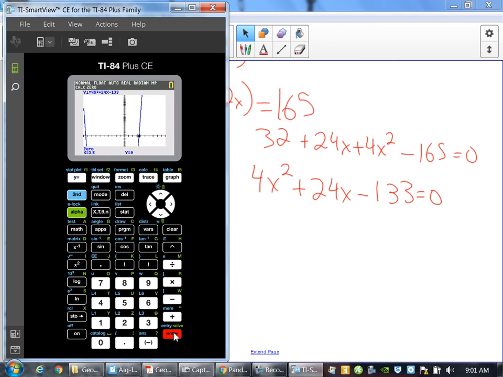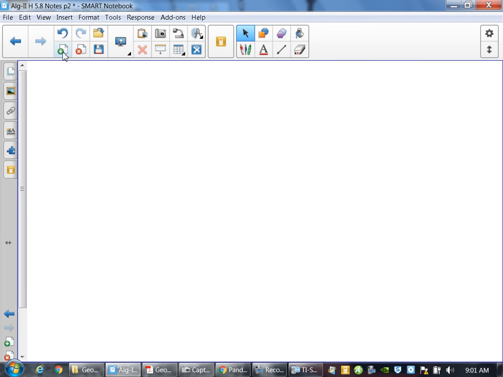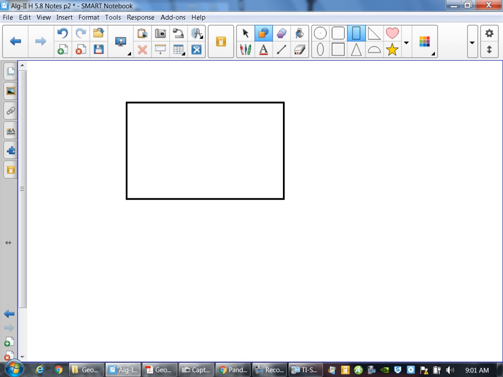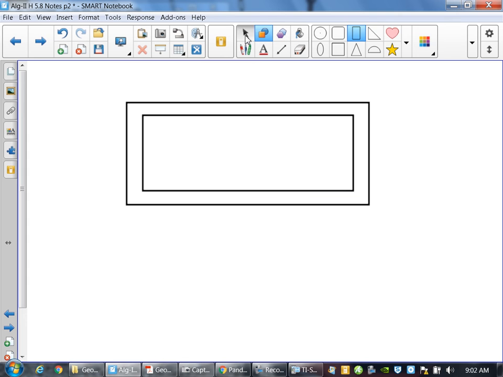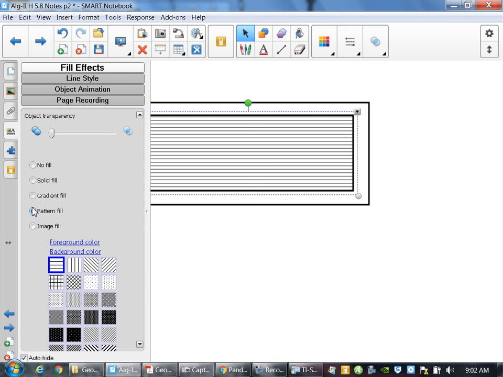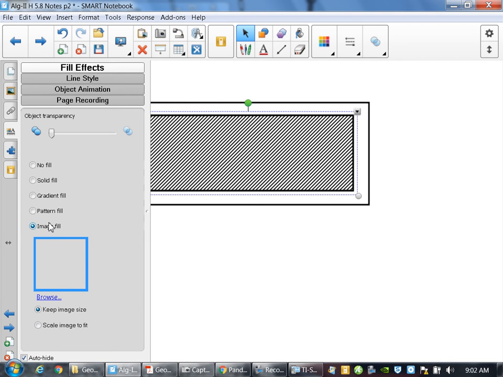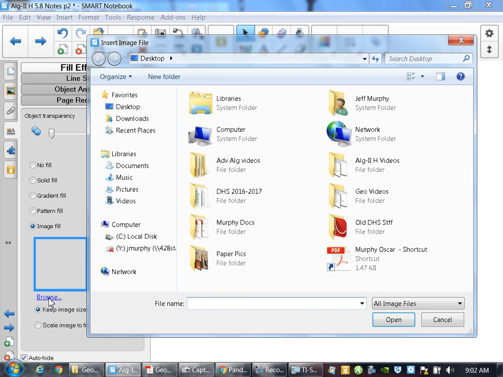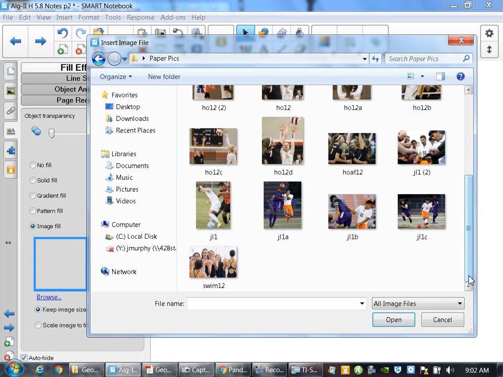And then last but not least, we have the mural problem with some funky picture on it. Oh, okay.